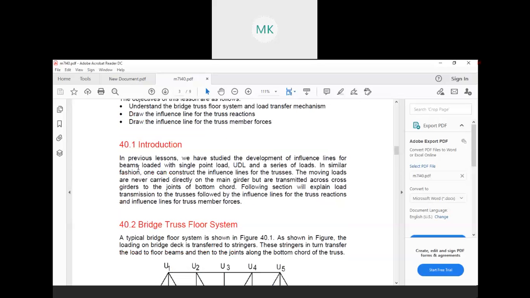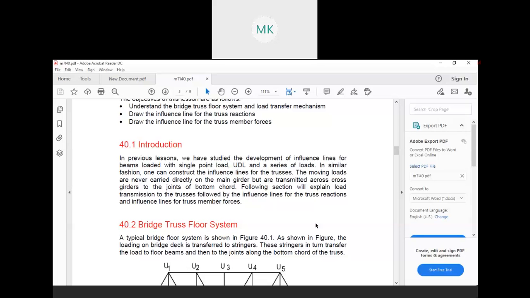Whatever we did in the previous semester, we studied the development of influence lines for beams loaded with a single point load, UDL, and a series of loads, which we have already discussed in your previous classes.